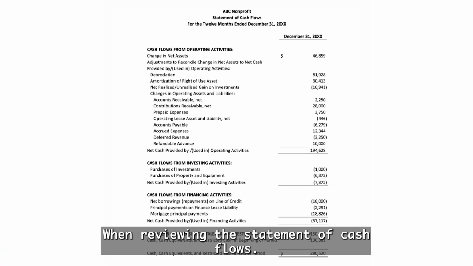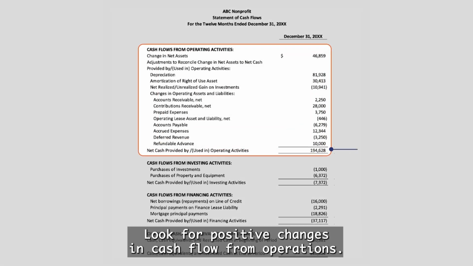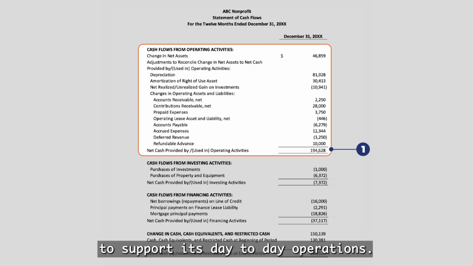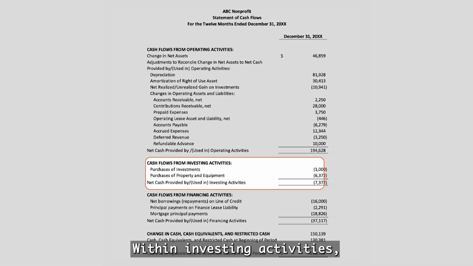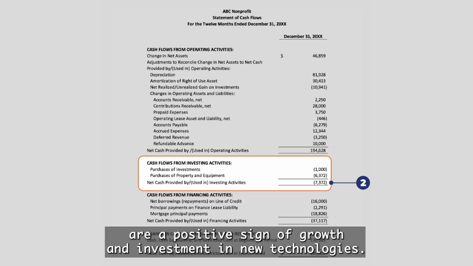When reviewing the statement of cash flows, here are a few things to look for. Within operating activities, look for positive changes in cash flow from operations. A healthy nonprofit needs to have enough cash flow to support its day-to-day operations. Within investing activities, periodic purchases in facilities and equipment are a positive sign of growth and investment in new technologies.